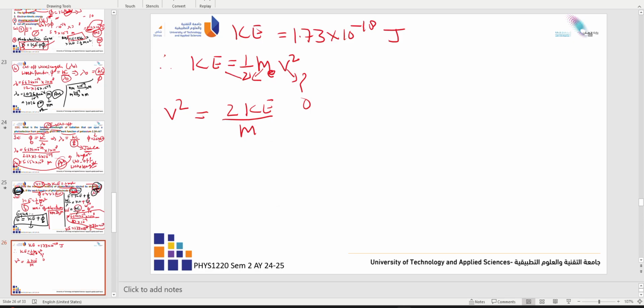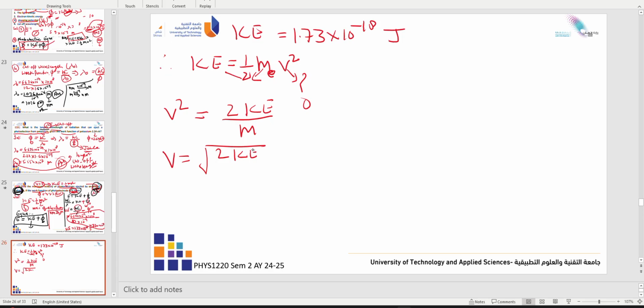But here the value coming is v squared. We don't need v squared, we need v. So I need to cancel this square. I can cancel it if I keep all the things in the square root.